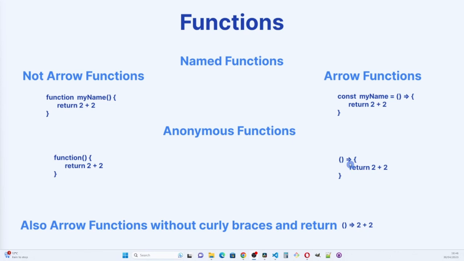You have parentheses and the arrow symbol and then curly brackets. What you can also have with arrow functions is, if you don't have the curly brackets and the return, it can be implied. So this 2 + 2 here past the arrow will return automatically.